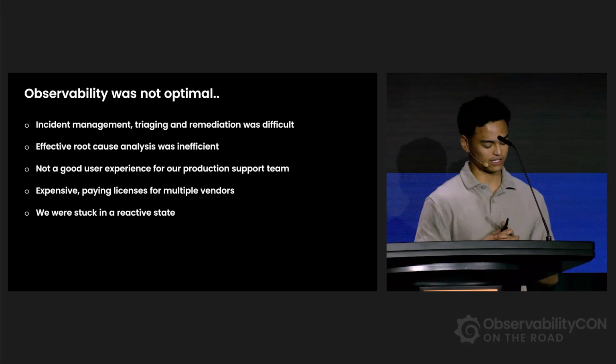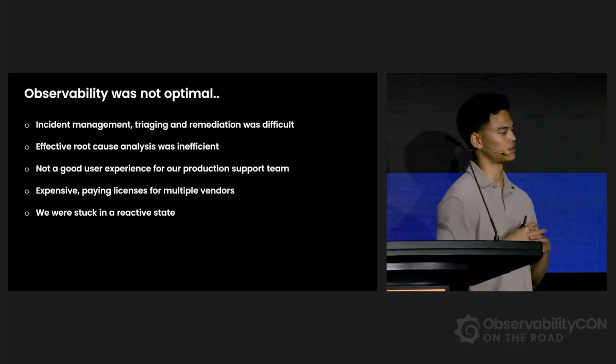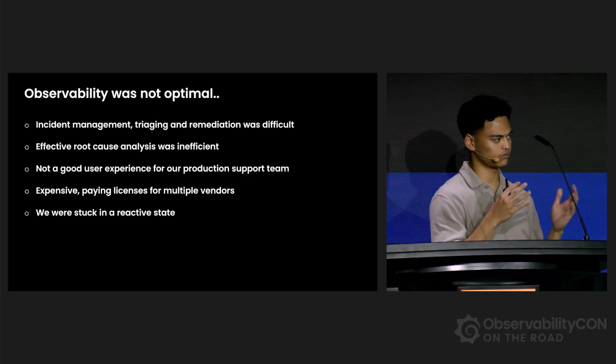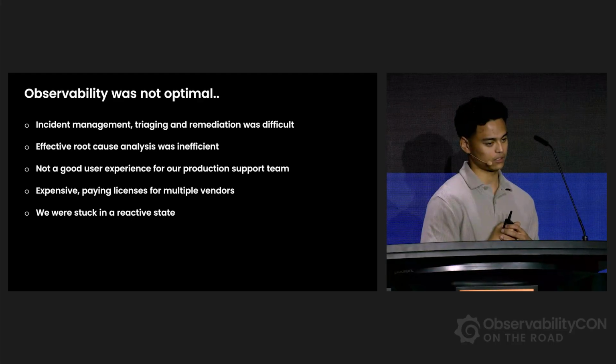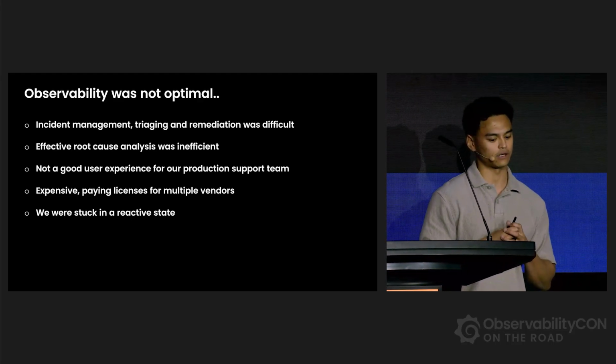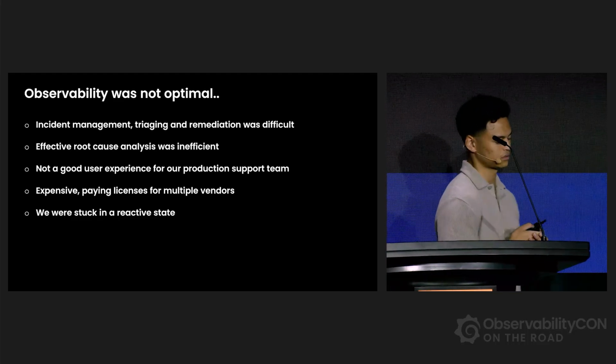That wasn't good at all. It just wasn't a good user experience. Our production support teams and our engineers were finding it quite difficult, flicking between the tools. On top of that, it was quite expensive. We had a lot of vendors. Over time, it just wasn't cost efficient.